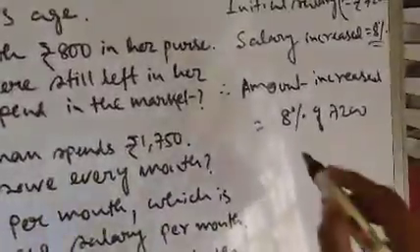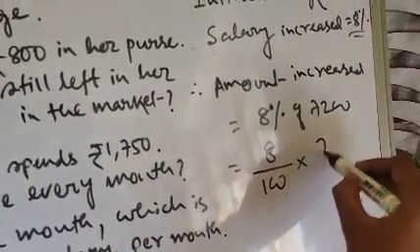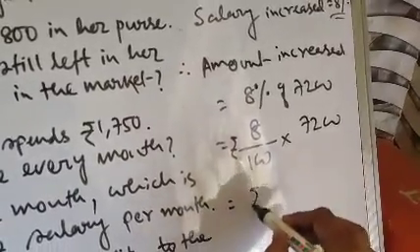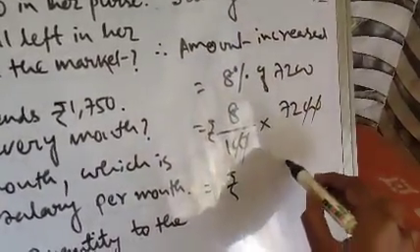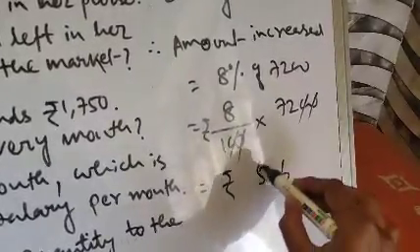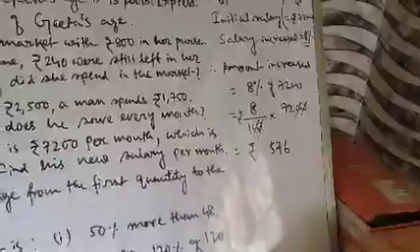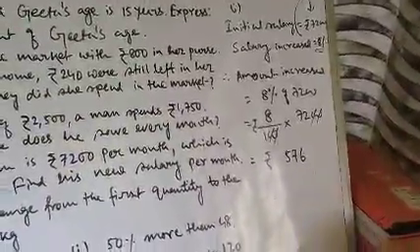So it will be 8% of 7200. Now 8% is 8 by 100, of means multiply, 7200 rupees. Therefore the zeros will eliminate. 8 times 72 is 576 rupees. So in the next month he will have rupees 576 more with his salary.